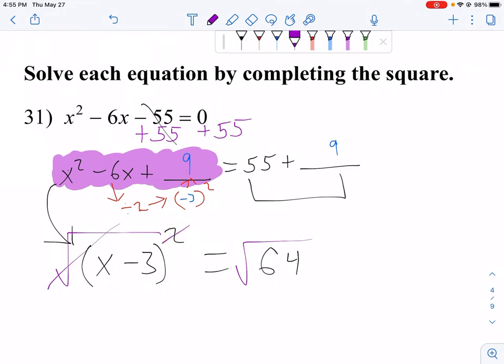That's going to undo that squared, so that I can now get to my x minus 3 equals, and the square root of 64 is positive or negative 8. Because positive 8 times positive 8 makes 64, right? Positive 8 squared. And negative 8 times negative 8 also makes positive 64. So that's why there's 2 there.